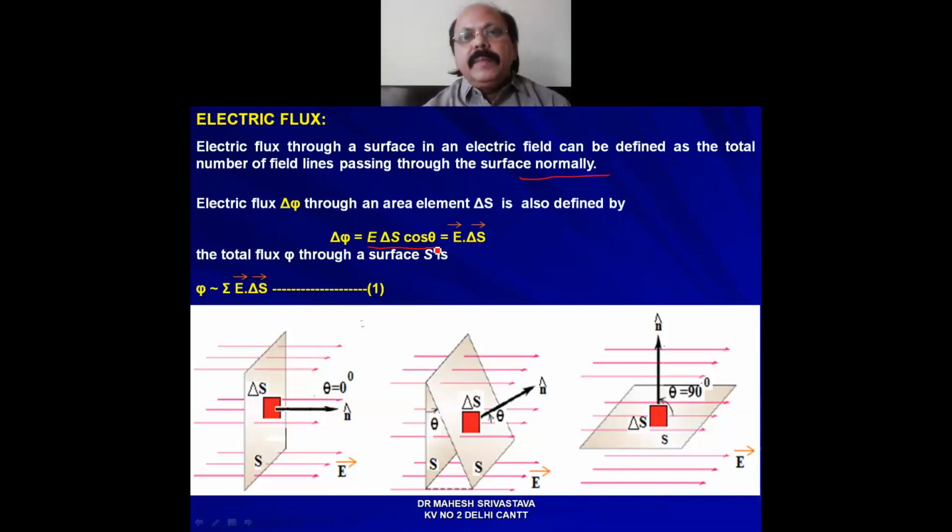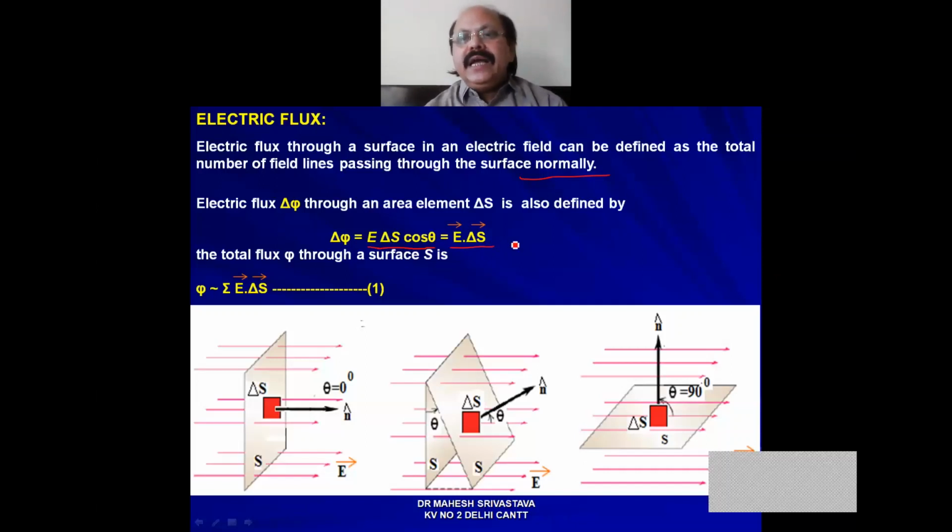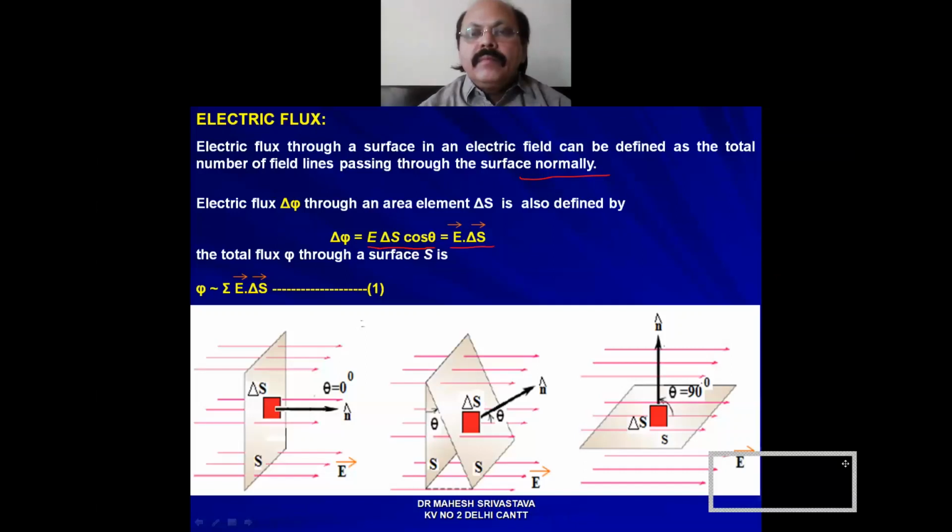Then this E delta S cos theta can be written as the dot product of the electric field and area vector, which you have already studied in class 11. Dot product of two vectors: A dot B equal to AB cos theta.